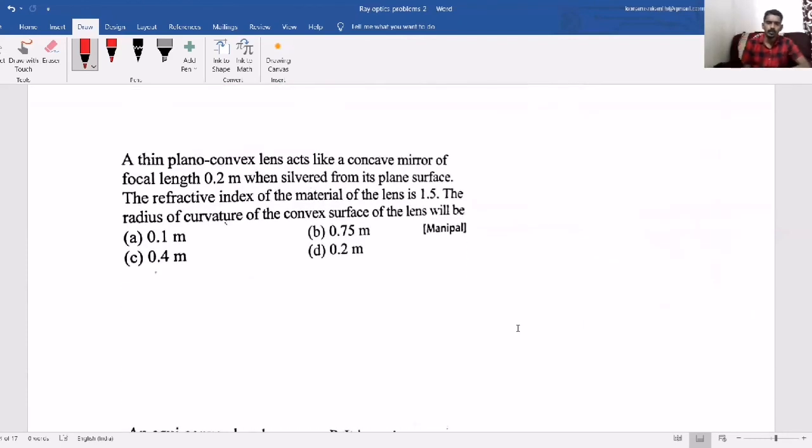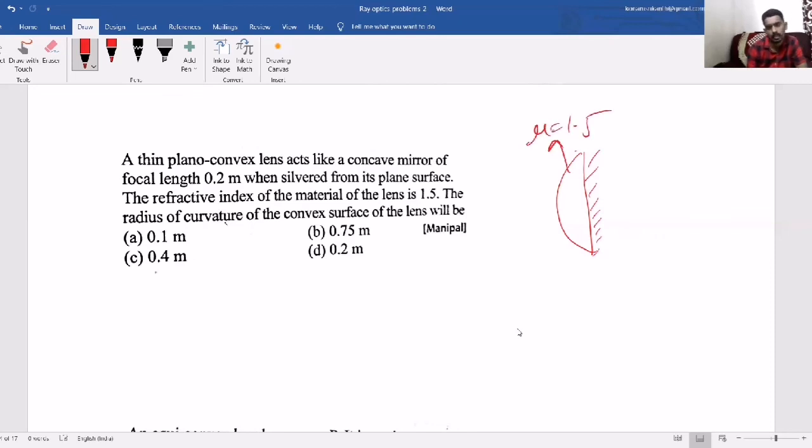Now, let's take one more question. A thin plano-convex lens acts like a concave mirror of focal length when silvered from its plane surface. So when you consider a thin plano-convex lens, the plane surface is silvered, and the refractive index of the material is 1.5.